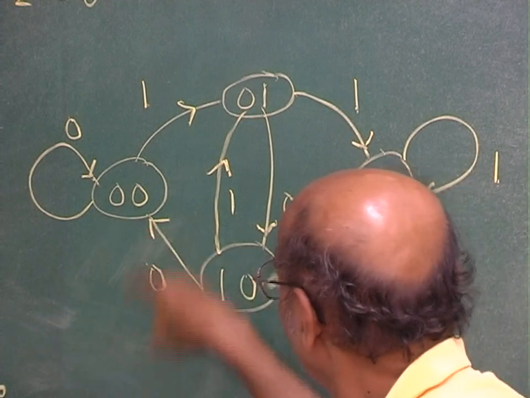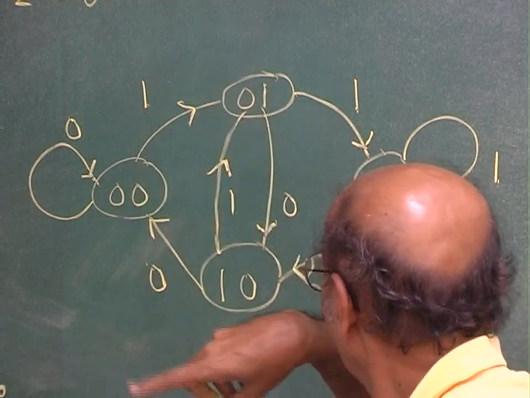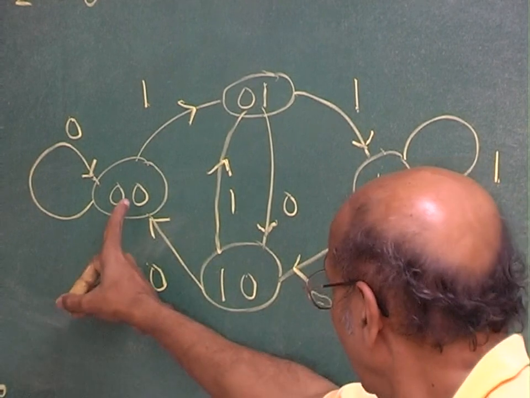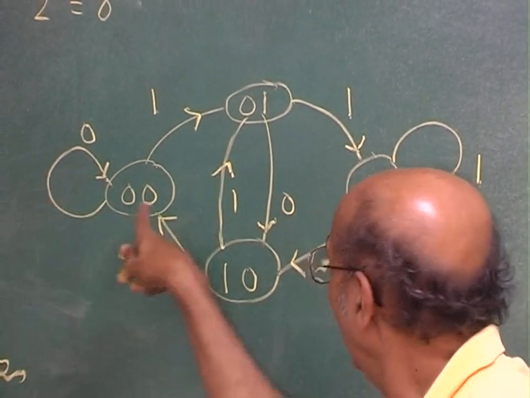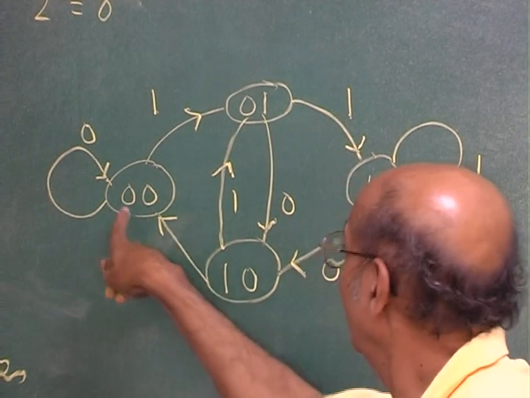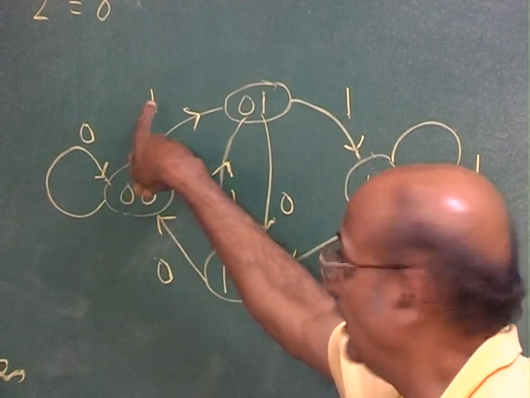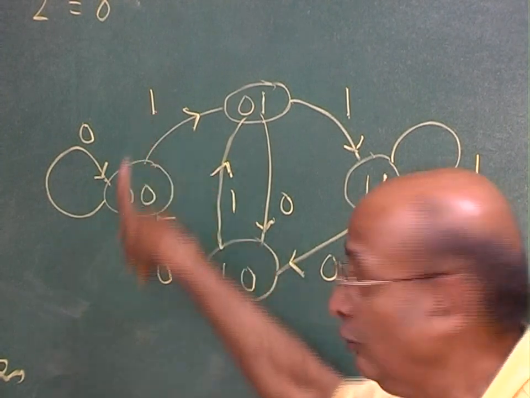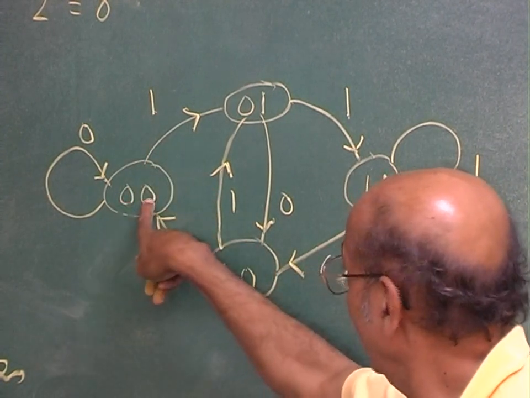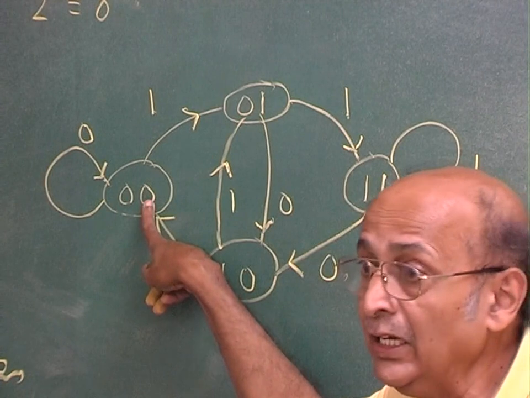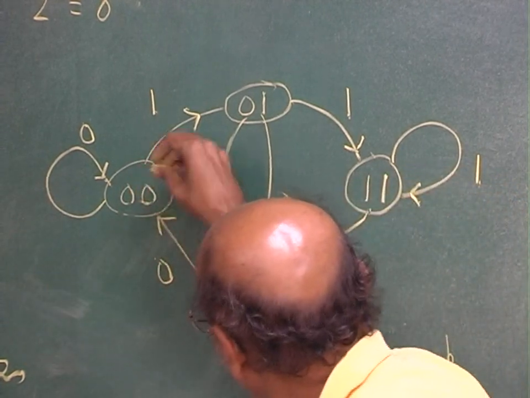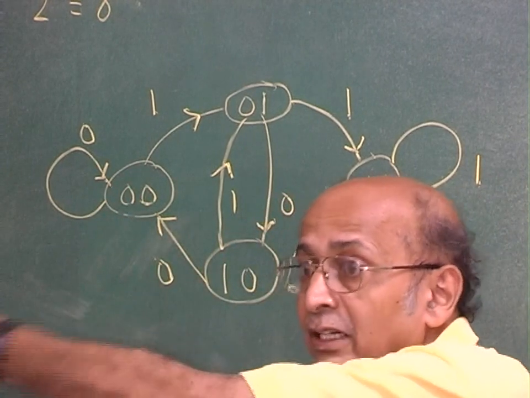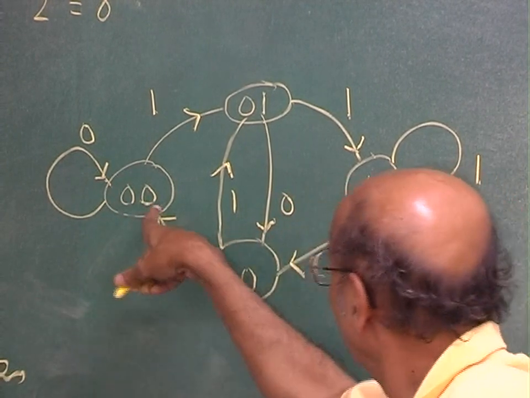I draw an edge between an ordered pair. There is an edge directed that way because we delete the leftmost coordinate and adjoin a new coordinate 1. What will happen is that 0 will go away and it will become 0, 1. I'm shelling off the left part and adjoining this on the right.